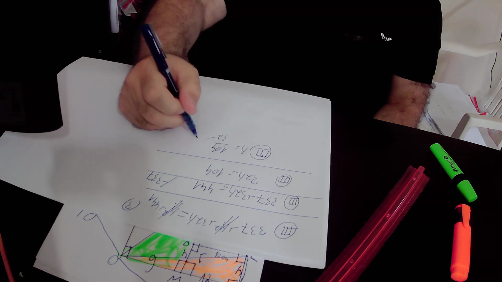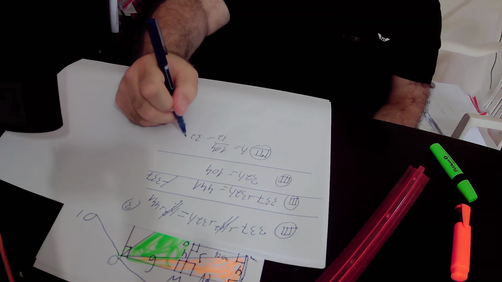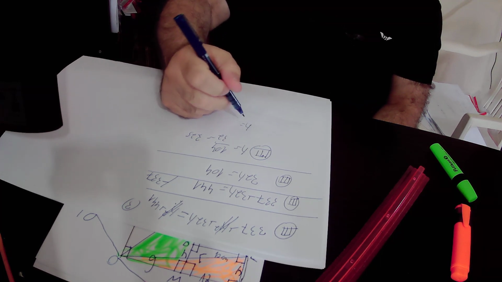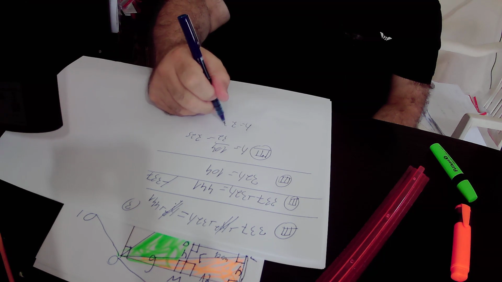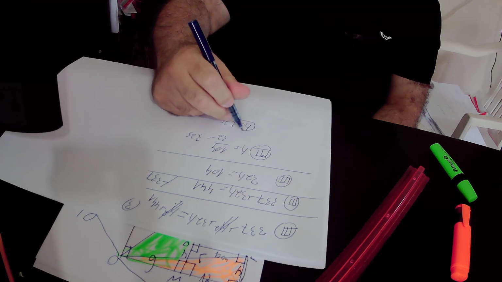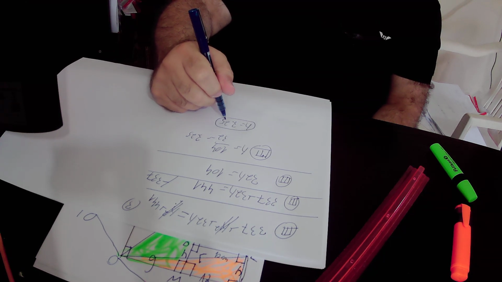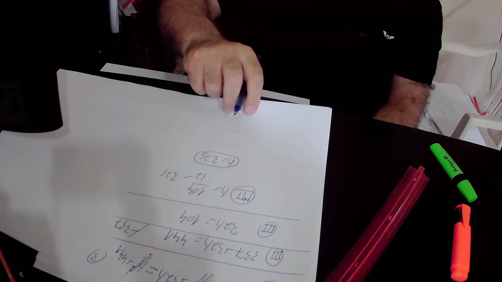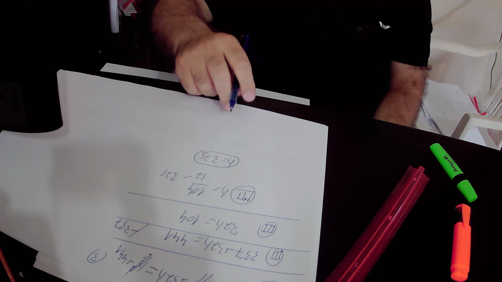104 over 32 is 3.25. So we found out that h equals 3.25. Now we'll put the value of h inside equation number 2, and this way we get the radius of the quarter circle.